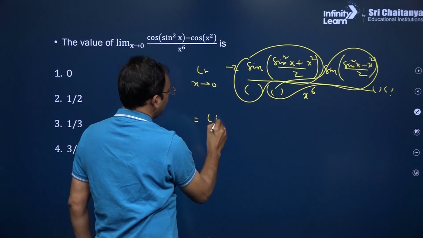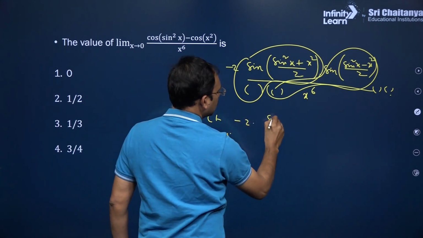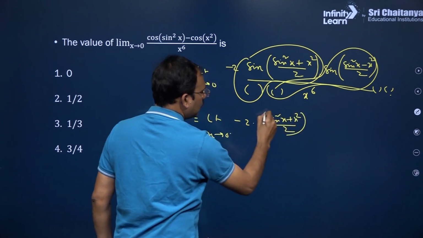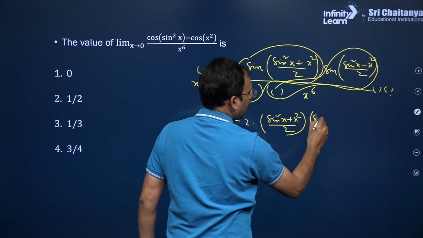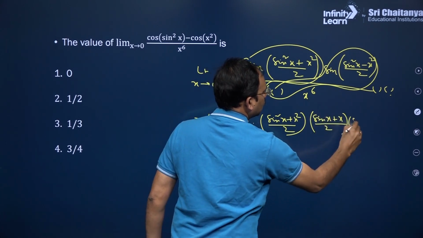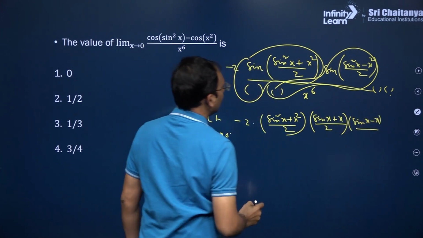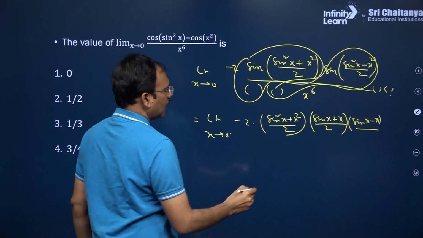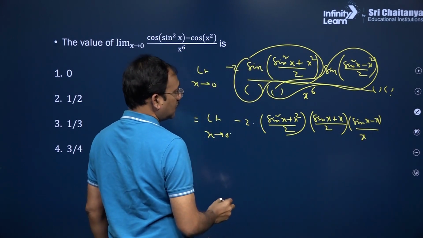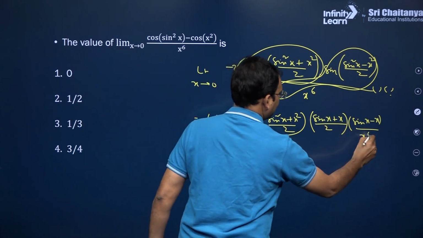So the problem will be limit x tends to 0 minus 2 into, you just see, sin (square x plus x square) by 2 into sin (square x minus x square), means you can write sin x plus x by 2 into sin x minus x by, my dear friends, I can say x power 6, sin theta by theta, right? I mean to say x power 6, let it be here.